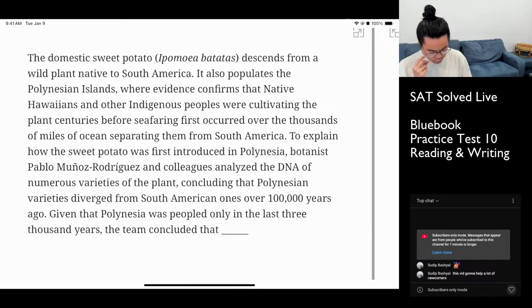So how did you get to Polynesia? Hey, sweet potato, you started in South America, and it's native to South America. But how did you get to Polynesia if you didn't get there by ship?